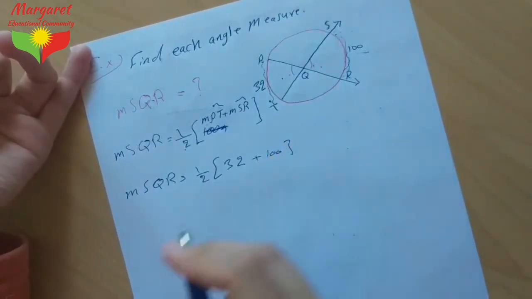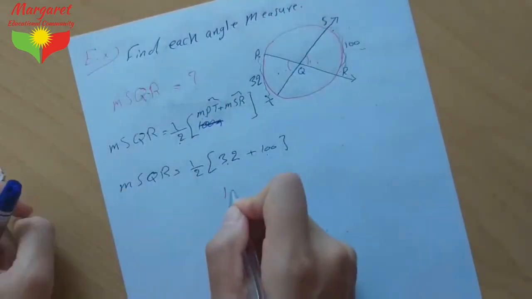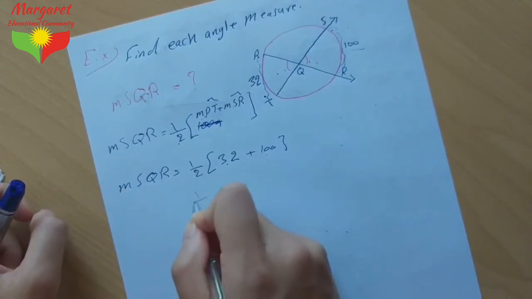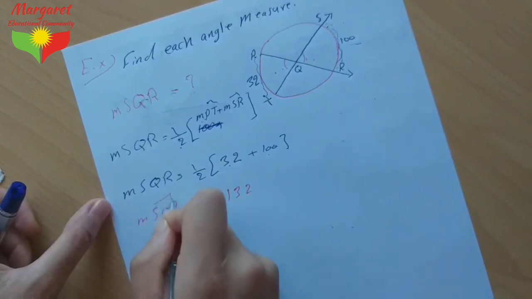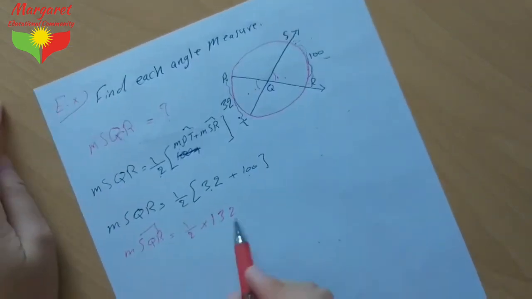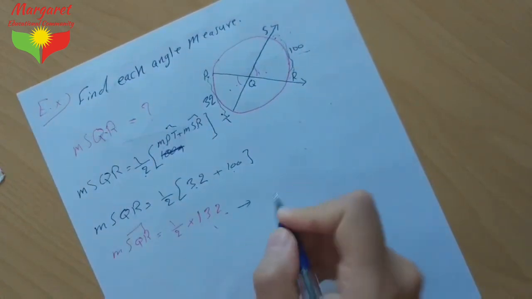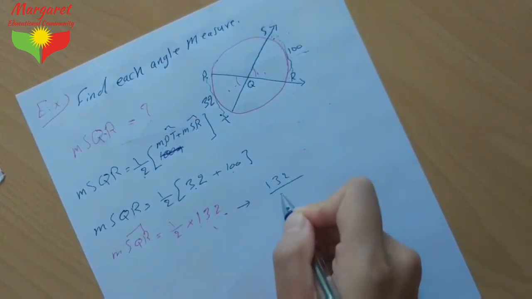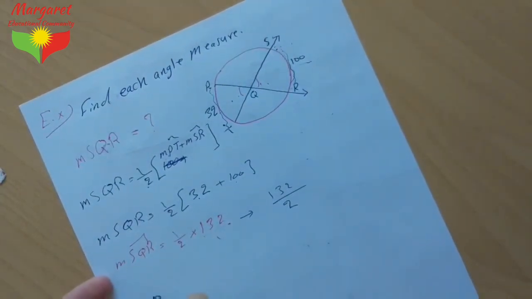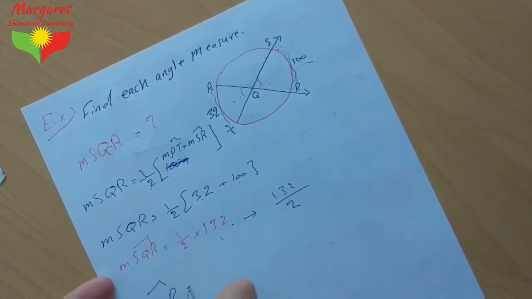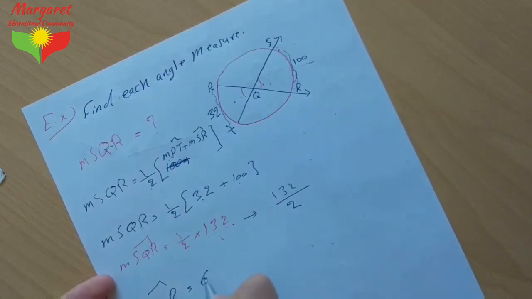And 32 plus 100 equals 132, times 1 over 2 is the measure of SQR. Because the denominator is number 1, so 132 divided by 2. So the measure of SQR is 132 divided by 2 equals 66 degrees.